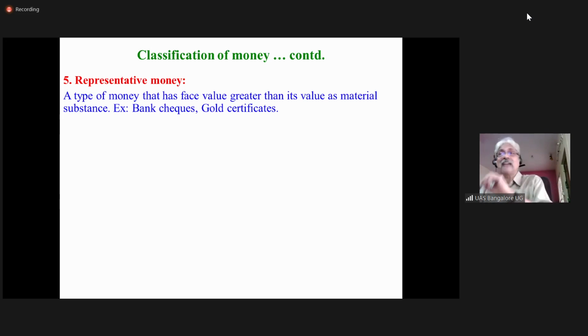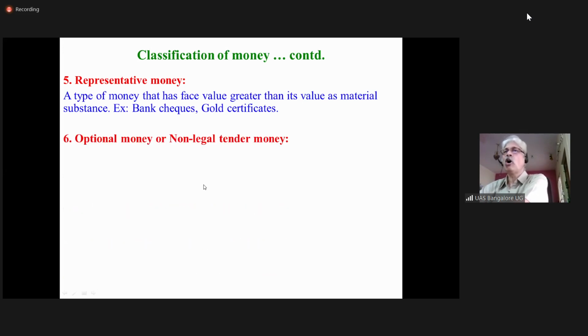The certificate as such doesn't have value, it is only a piece of paper, but it represents so much worth of gold. It is representative money.